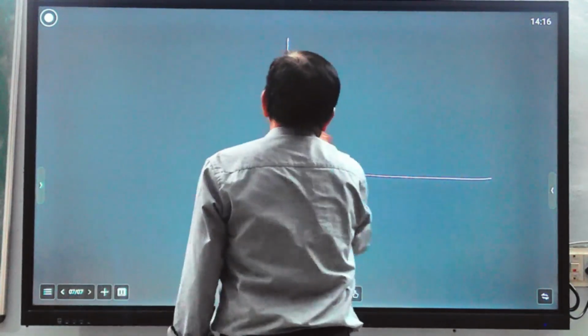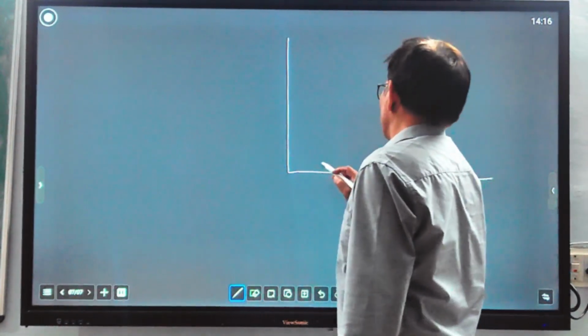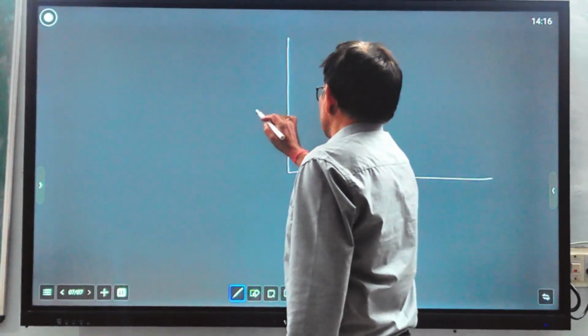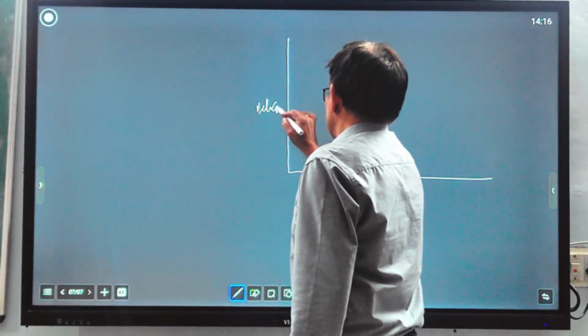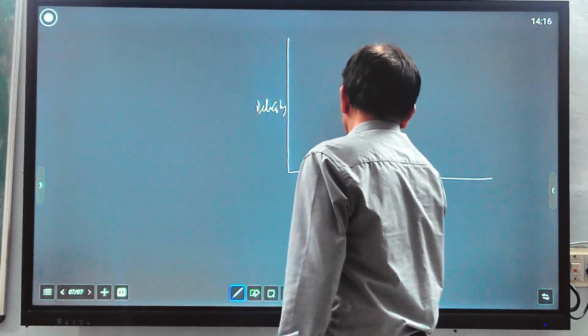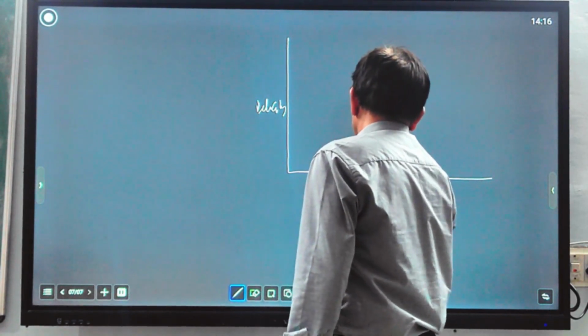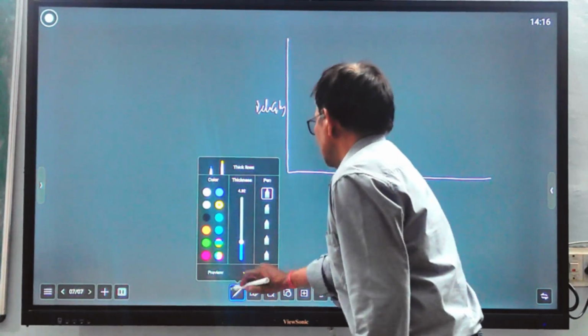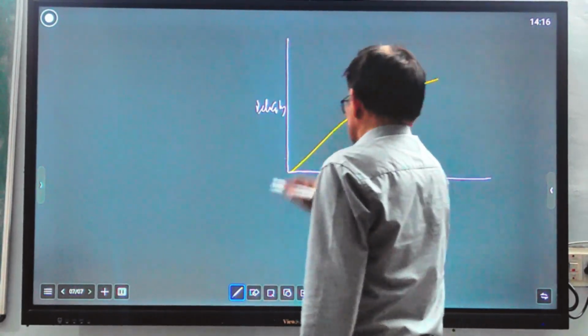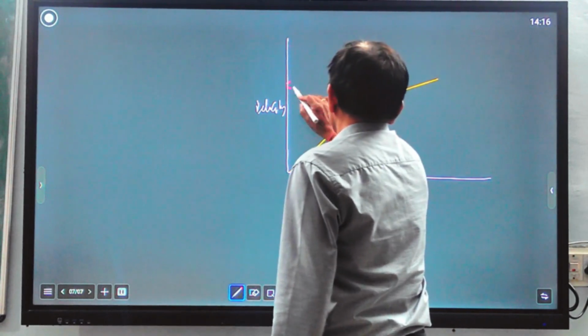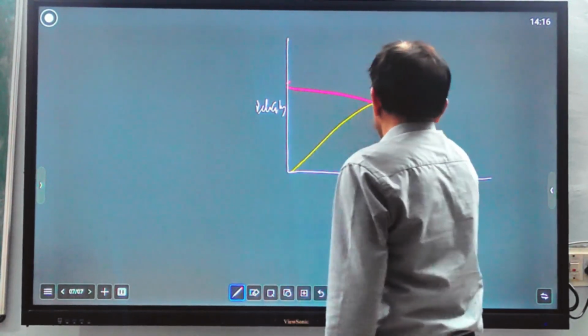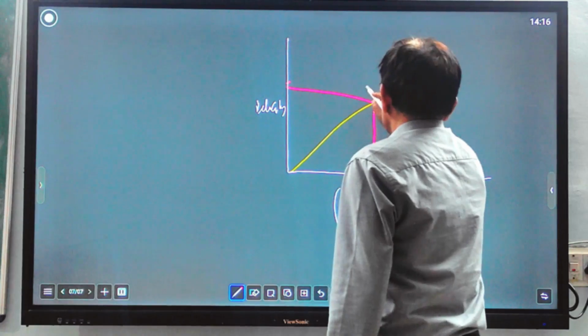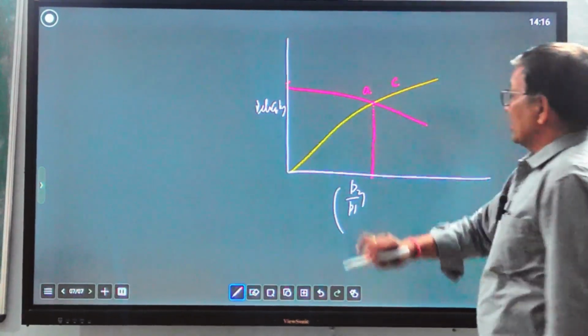If we draw a graph, here we draw a graph. This is the velocity, and this is the pressure ratio, P2 by P1. Suppose this is the steam velocity, and this is the sound velocity. At this point, this is A and this is C, so both will become the same.